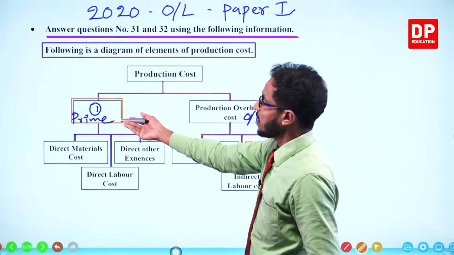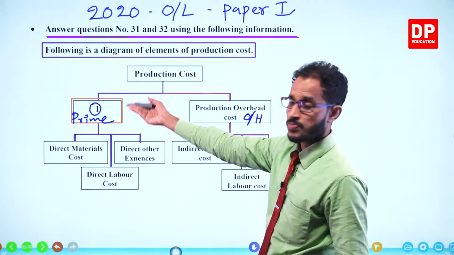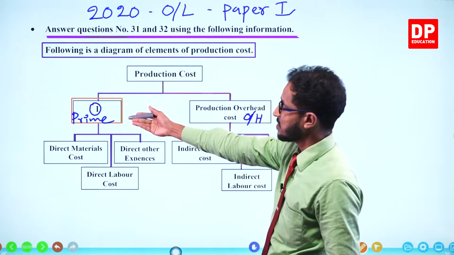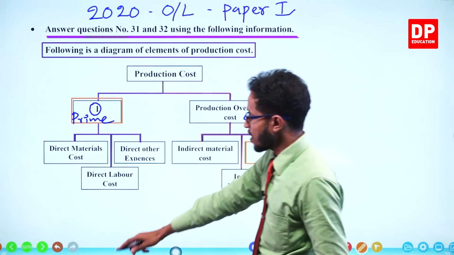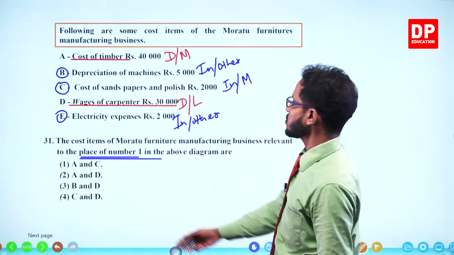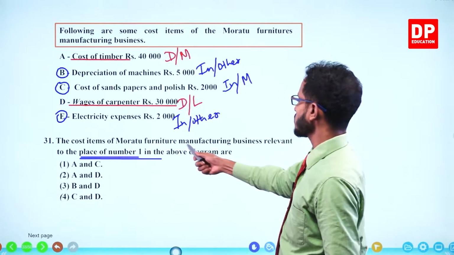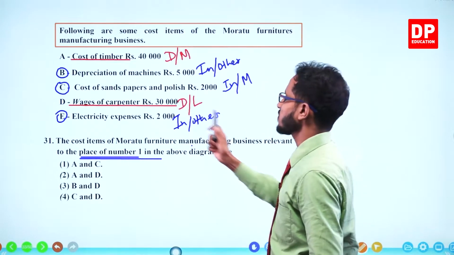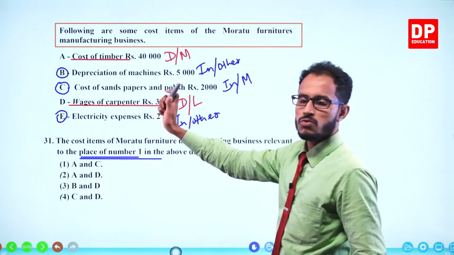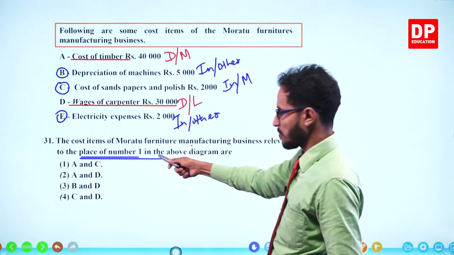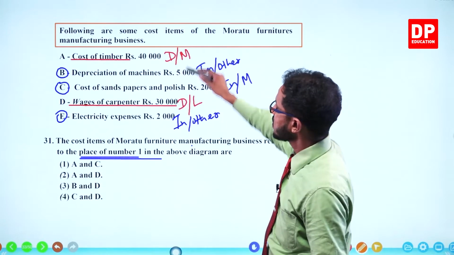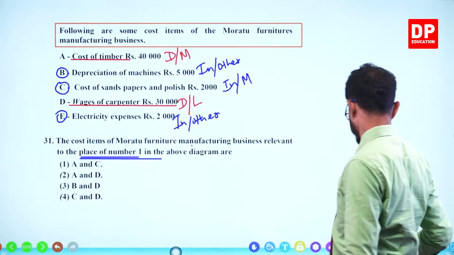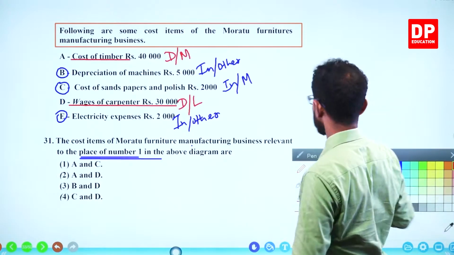So in the first blank, if the item there is prime cost, which cost items of Moratu furniture are relevant for place number 1, the prime cost?